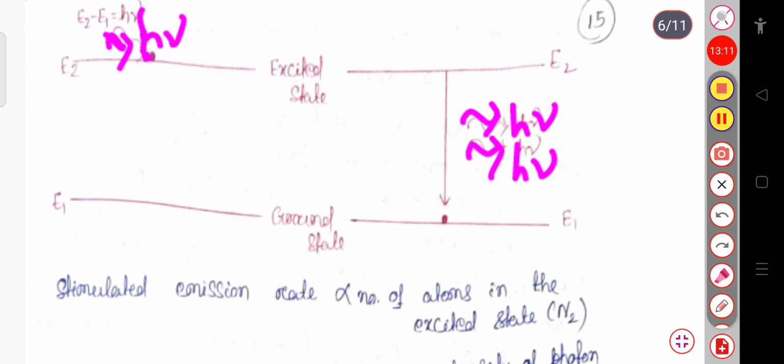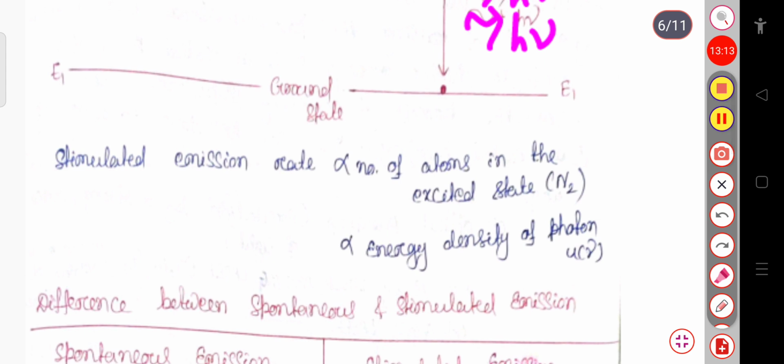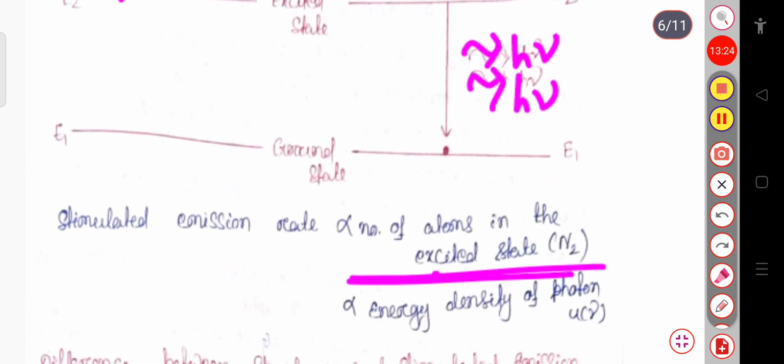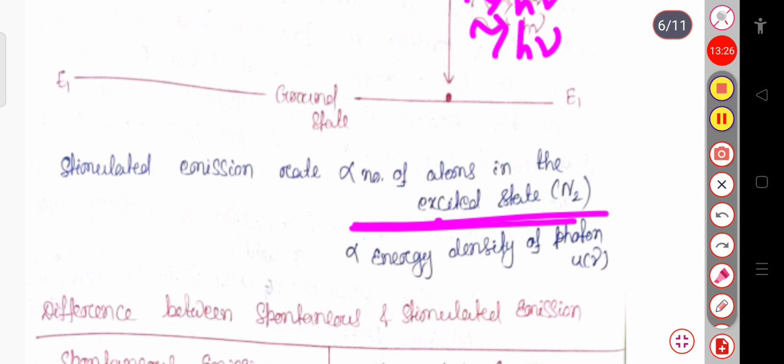Here the stimulated emission rate is directly proportional to the number of atoms in the excited state, n, and it also depends on the energy density of the photon, U of nu. Why the energy density?